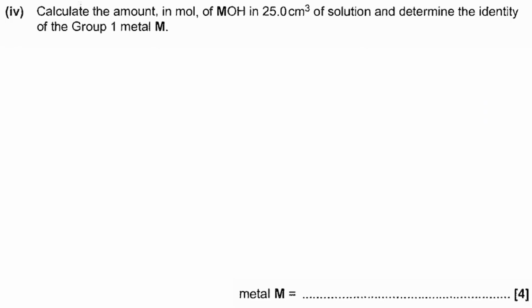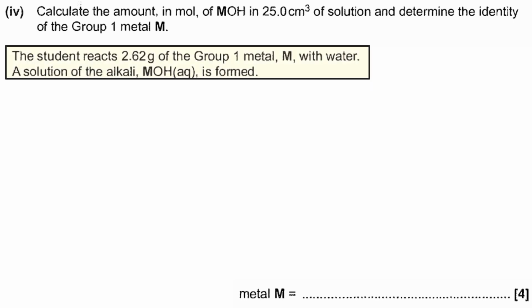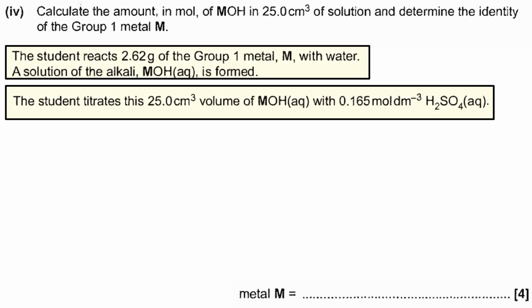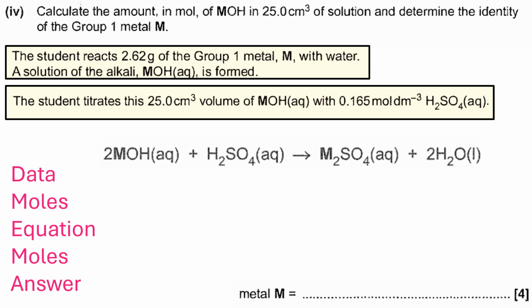Then they wanted to calculate the amount in moles of MOH in 25 centimeters cubed of the solution and determine the identity of the group 1 metal M from this. Taking the parts of the question from earlier that are important here, I'm going to use the data, moles equation, moles answer technique. My volume of MOH is 25 centimeters cubed because it tells me right here.